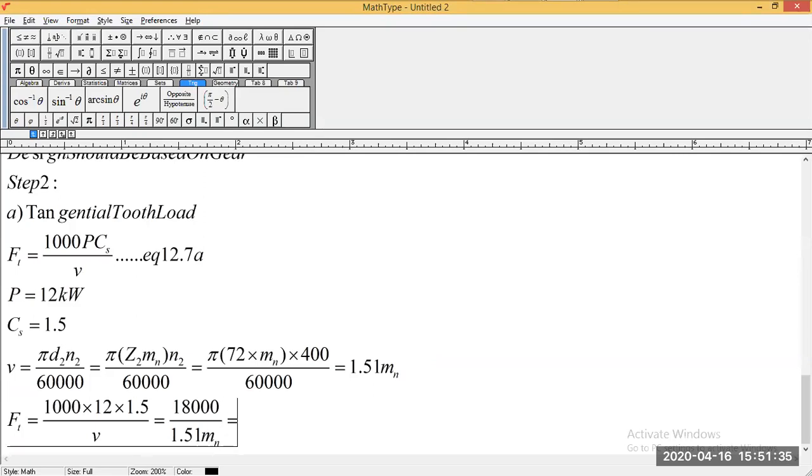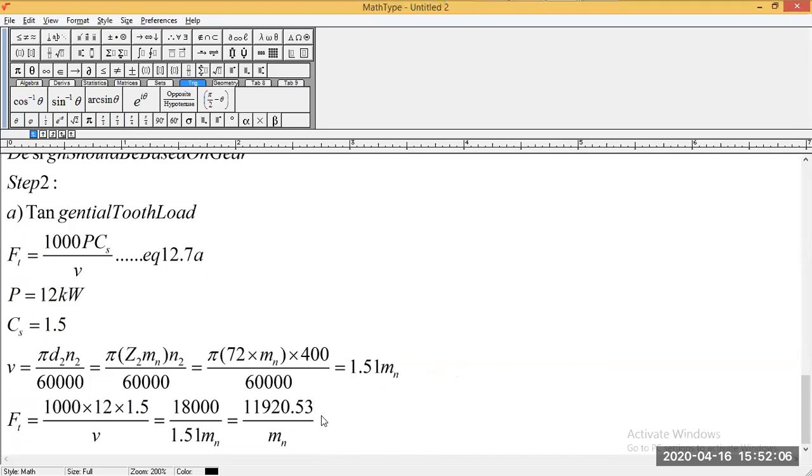So this will be around, so the fraction is 11920.53 over this Mn. Okay, so this is it for the first part.